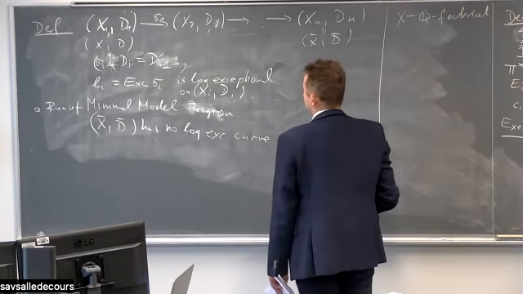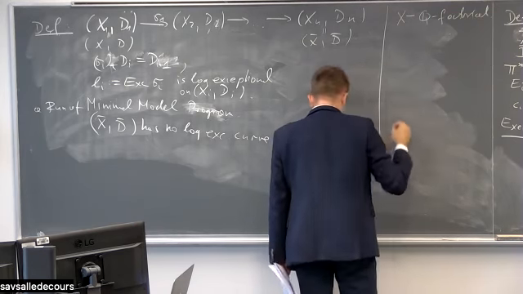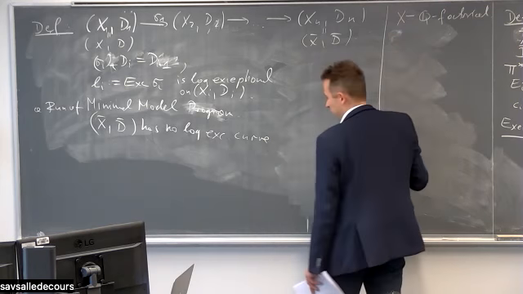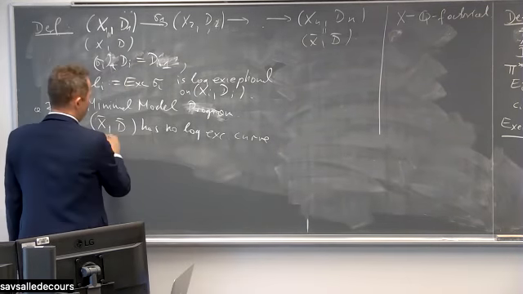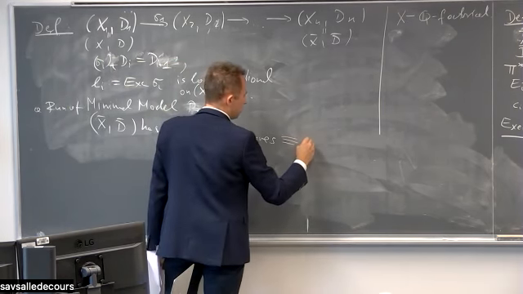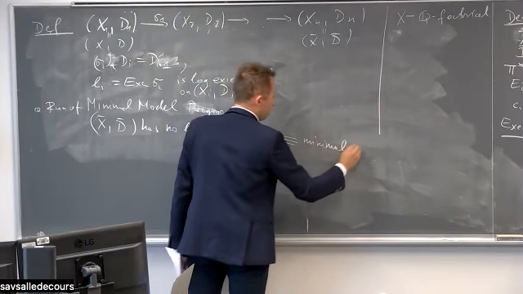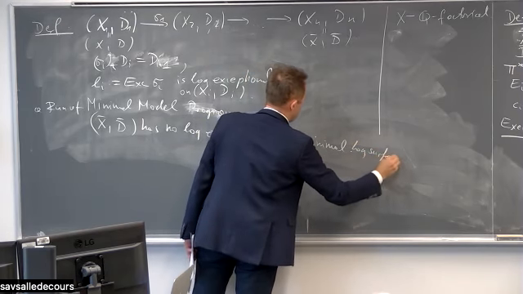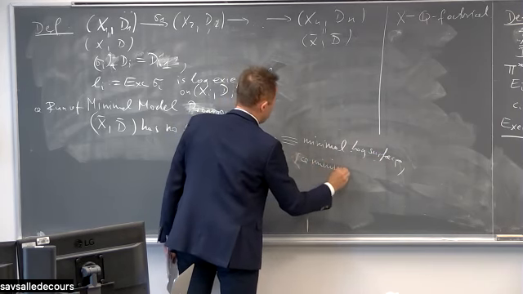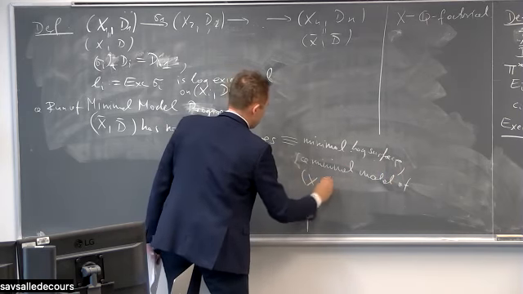But in such generality, I need to say that this property is respected. Actually, there are several points I need to make, but let me finish the definition. So (X bar, D bar) has no log exceptional curves, and this by definition means it's minimal. It's a minimal log surface, a minimal model of the initial log surface (X, D).